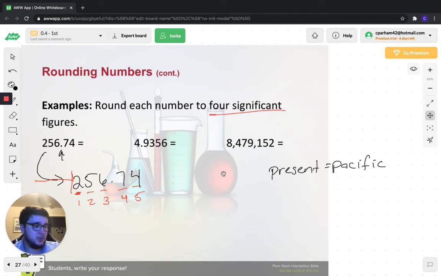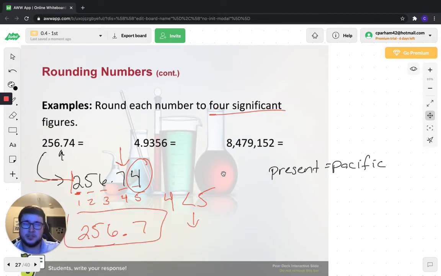That means I'm going to cut off my number here, and I'm going to evaluate this number to see if I round up or down. So 4 is less than 5. That means I'm going to round down. And so my final answer would be 256. Sorry, I accidentally drew a decimal there. It is 256.7. That's my answer, rounded to 4 significant figures.